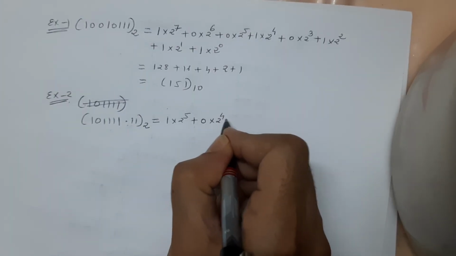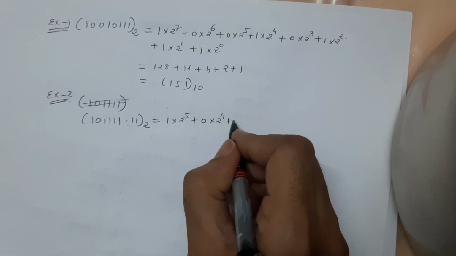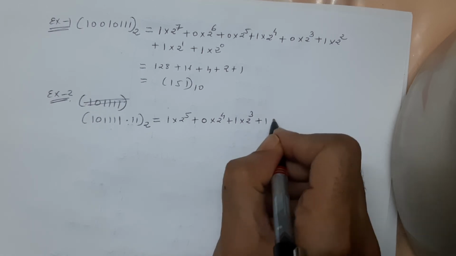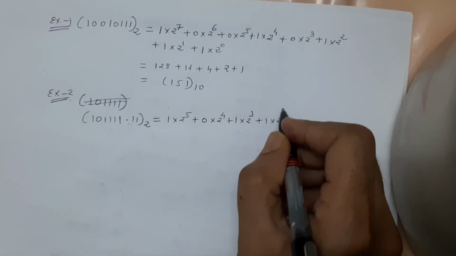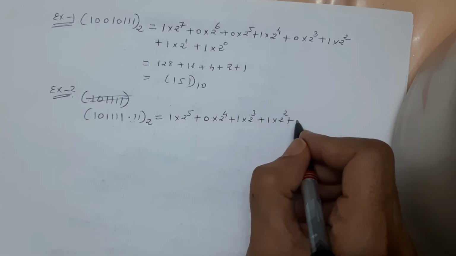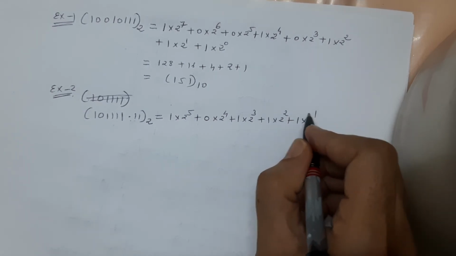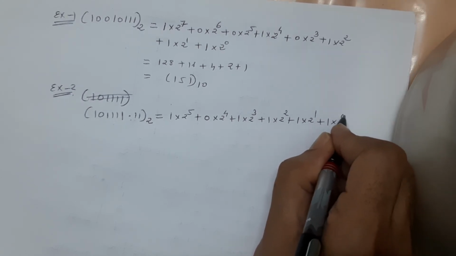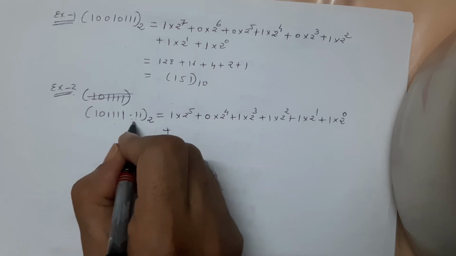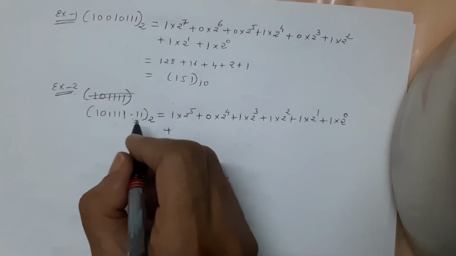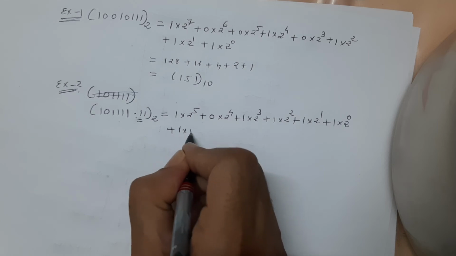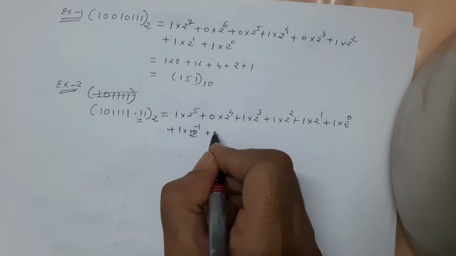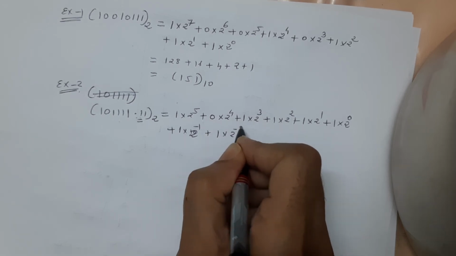into 2 raised to 4 plus 1 into 2 raised to 3 plus 1 into 2 raised to 2 plus 1 into 2 raised to 1 plus 1 into 2 raised to 0 plus, now this last two digits, 1 into 2 raised to minus 1 and plus 1 into 2 raised to minus 2.